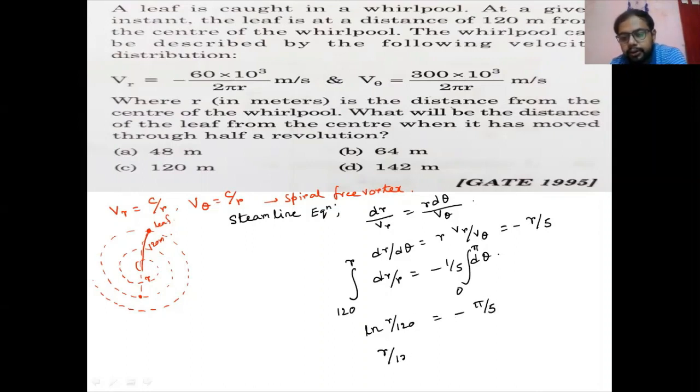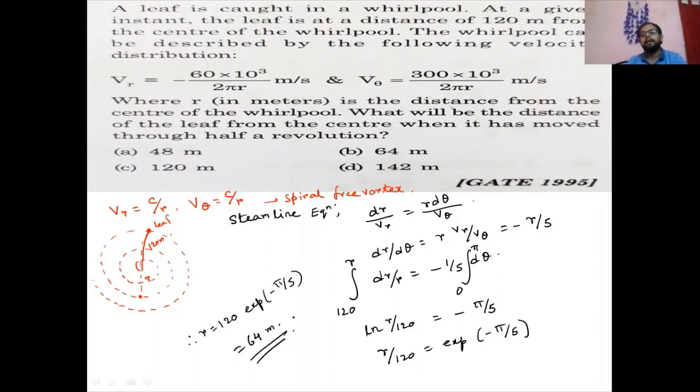So r by 120 is the exponential of minus pi by 5. So the r value comes as 120 exponential of minus pi by 5, which comes to nearly 64 meters. To solve this problem, the answer will come nearly 64.